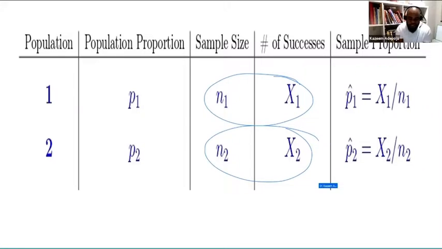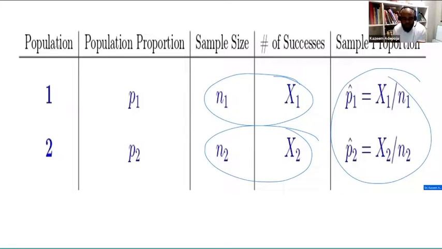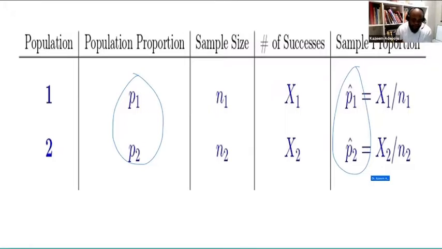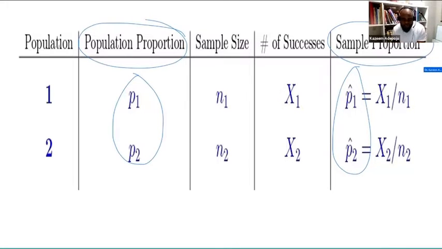And of course, the moment I have these two pieces of information, I will be able to obtain my sample proportions for the first and the second. So there's a difference between this one and this one. You can see here, that is a population proportion, and this is the sample proportion. I needed you to take a look at that.